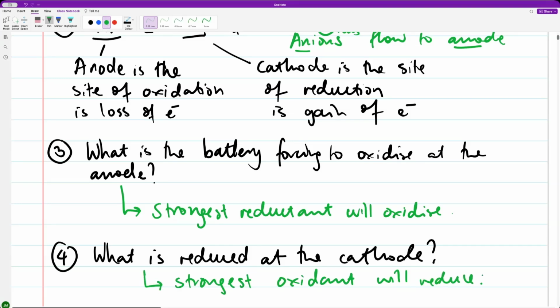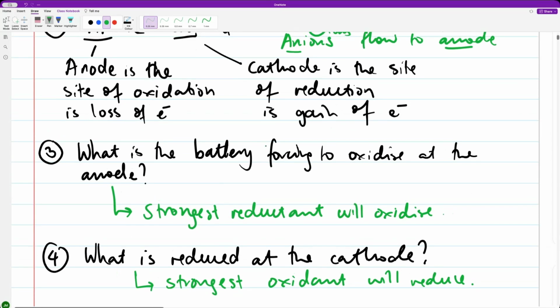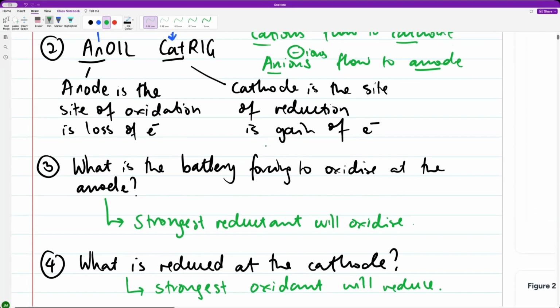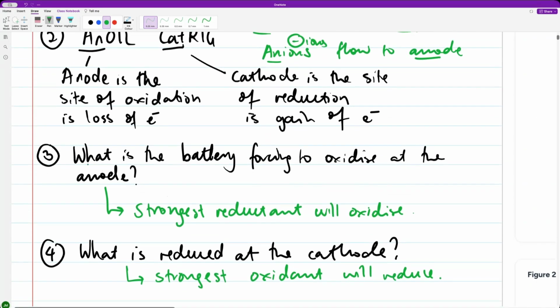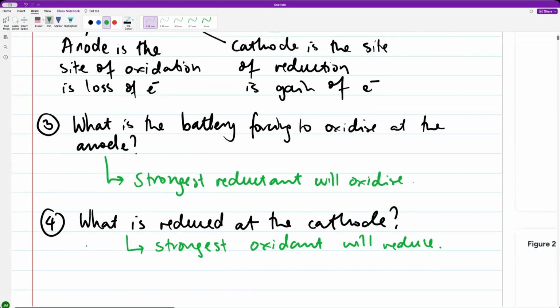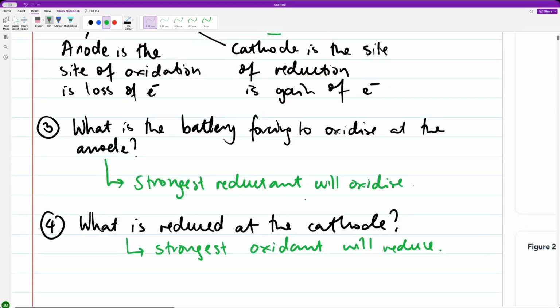Now out of all of these rules, the one that we kind of get half right is actually rule 3 and rule 4, because we all know that the strongest oxidant and strongest reductant will react. But what we need to keep in mind is that they have to be available at those electrodes.